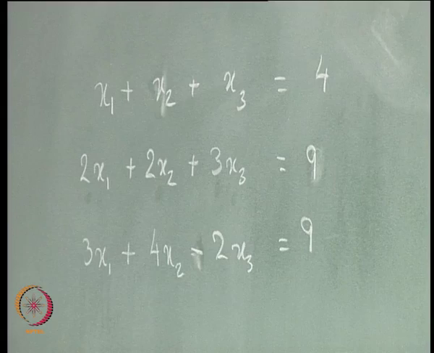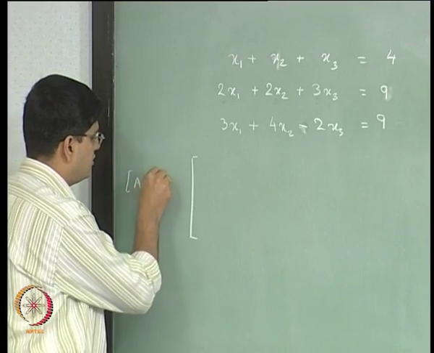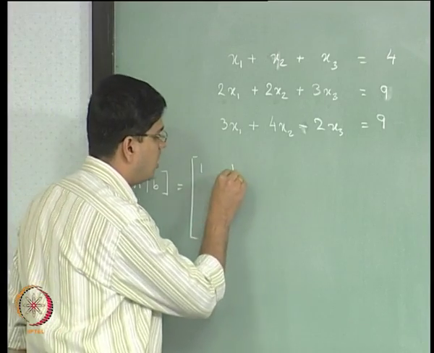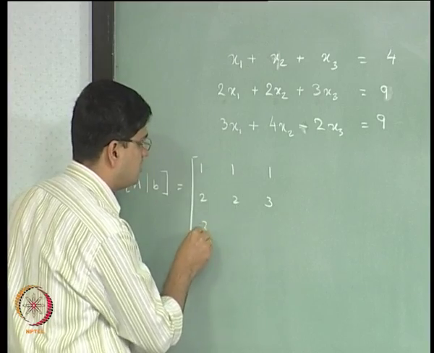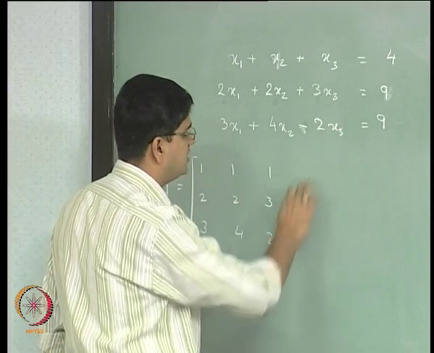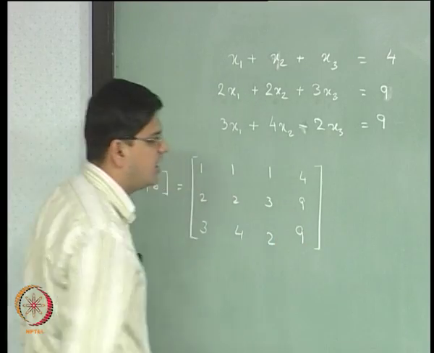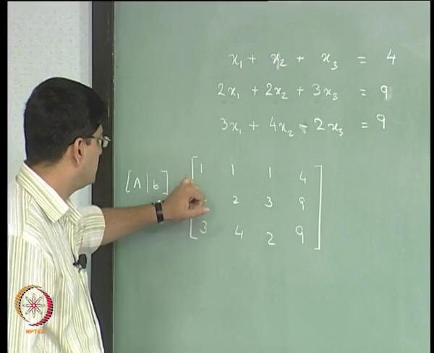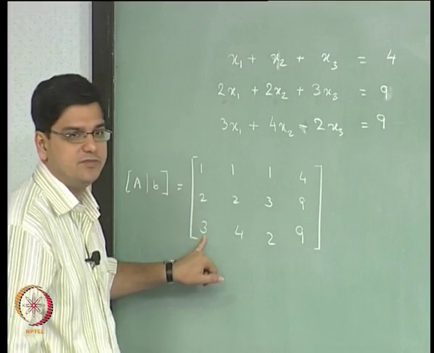So let us write down A and B matrices in the typical way, and the matrix A concatenated with the matrix B is going to be 1 1 1, 2 2 3 and 3 4 2, and the last column will be 4 9 9. As we have always been doing in Gauss elimination, we will now do the first step, which is to use row 1 to make this element and this element 0.